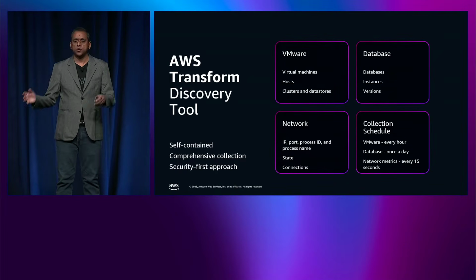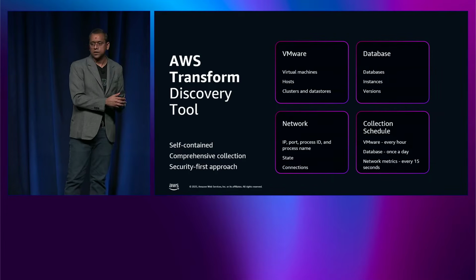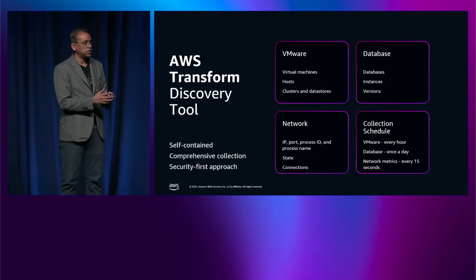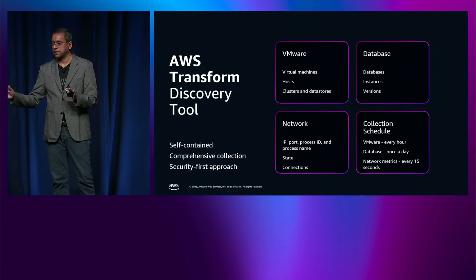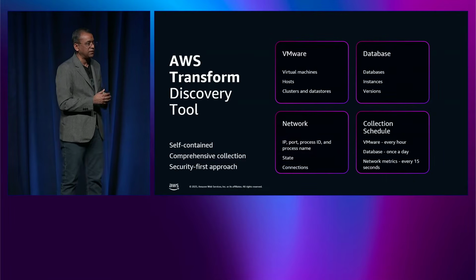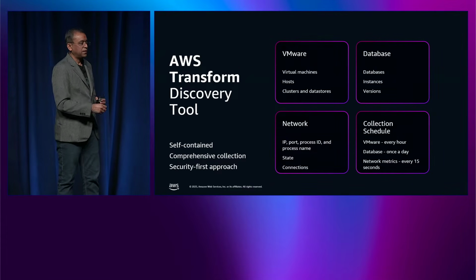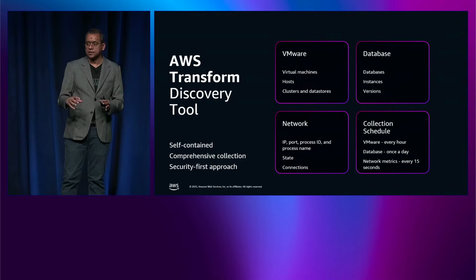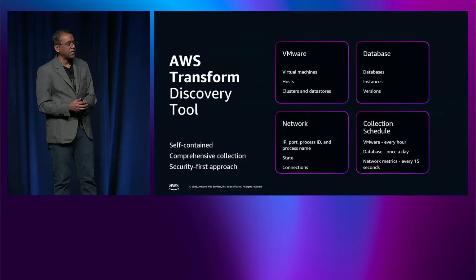This discovery tool you can run in your vSphere environment at the source. It collects all the data. It doesn't have any internet connectivity. It doesn't send any data to AWS Transform. You have visibility of the data it collected. Then you inspect and decide that these are the things which are relevant for my migration project.